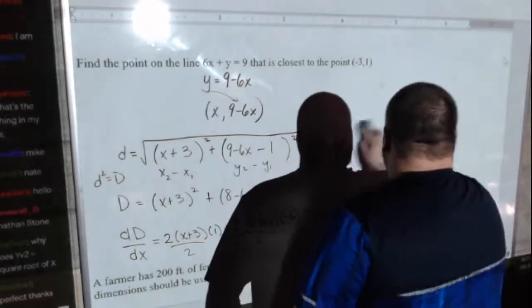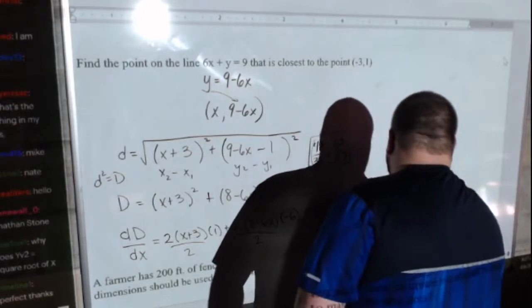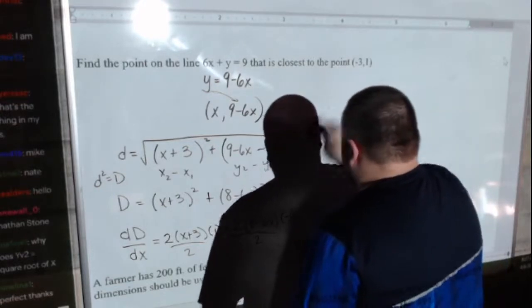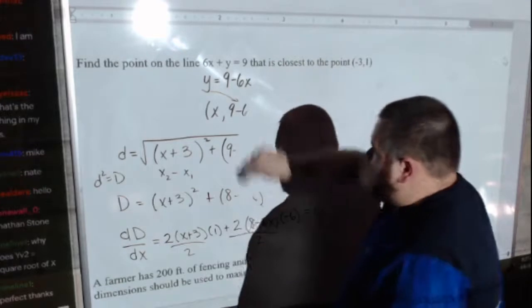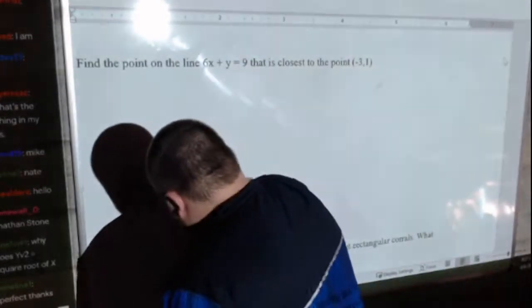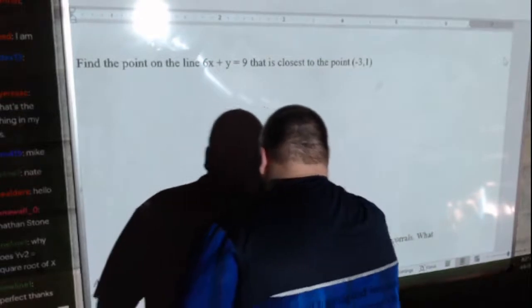The main thing for optimization is, the hard part is, can you find the equations that are required? And once you have them, it's just a matter of taking the derivative and setting it to 0.